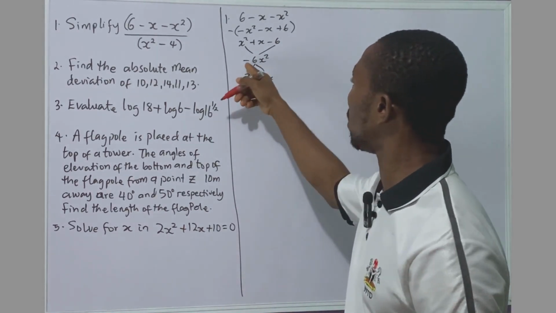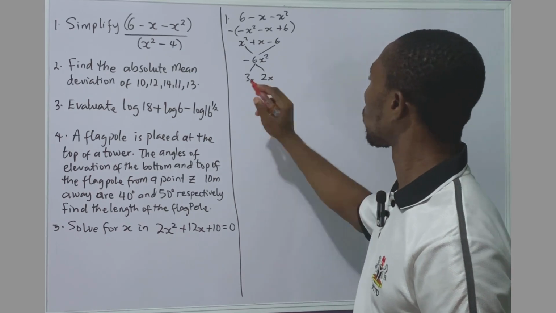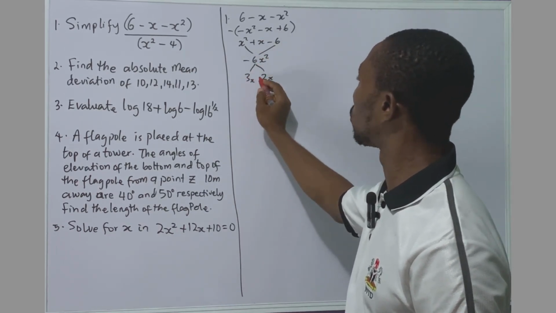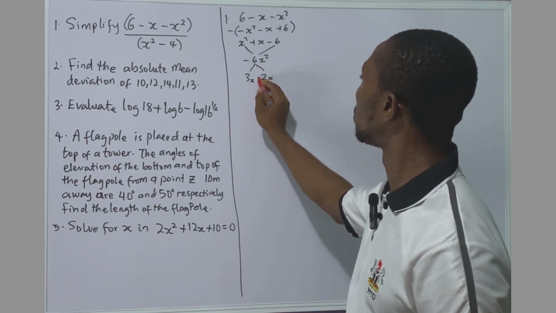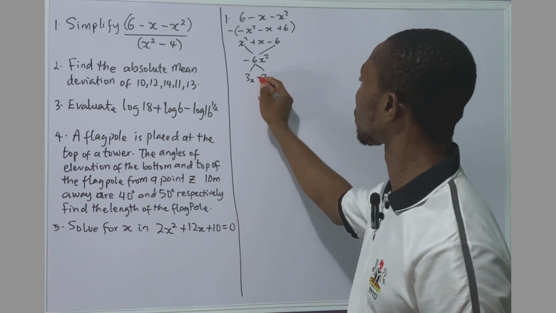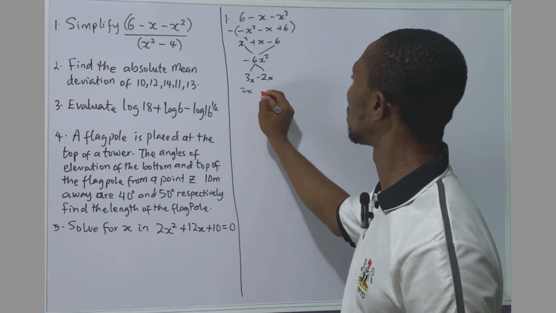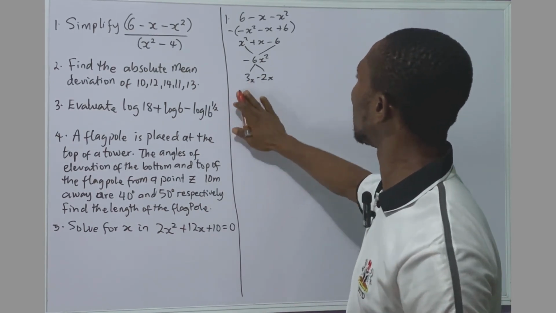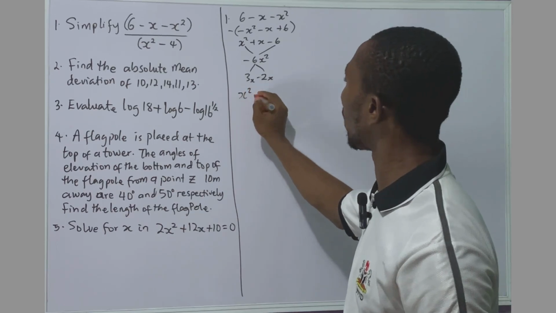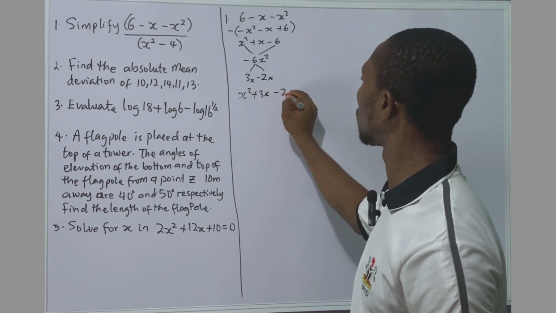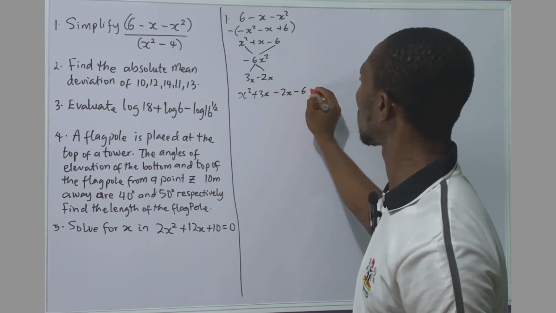Since we have a minus 6, the 2 will be minus, and the 3 positive. Rewriting, this becomes x squared plus 3x minus 2x minus 6.